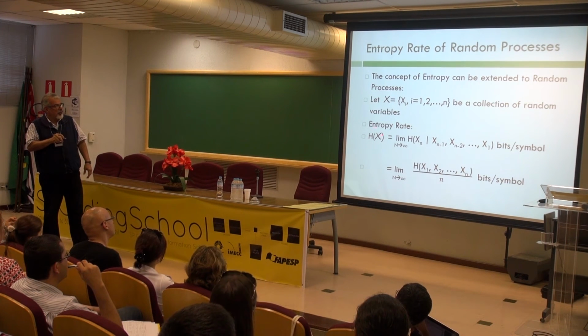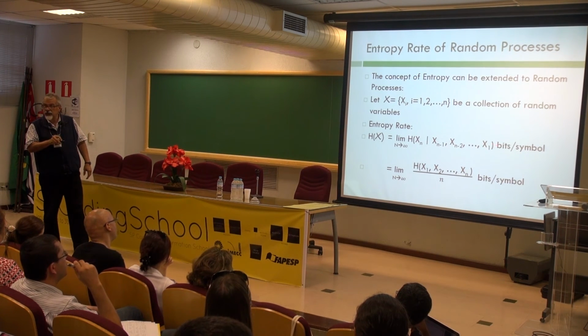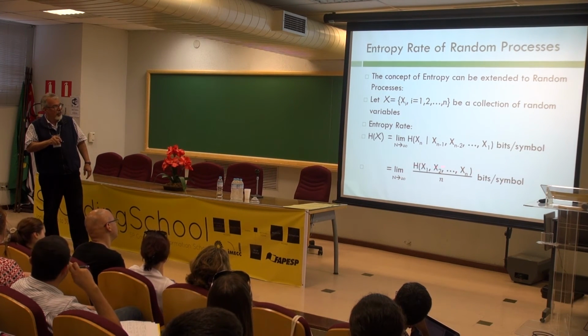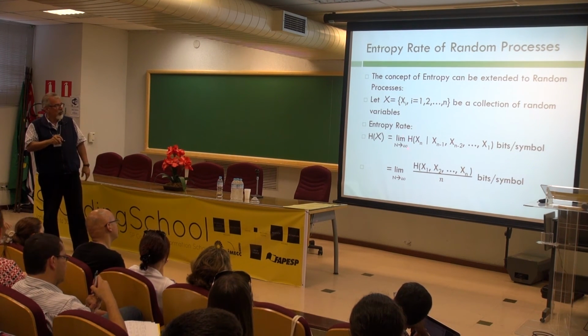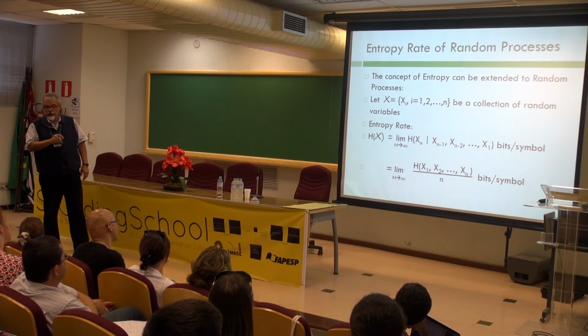But the entropy rate of a certain process, now considered as a collection of random variables, is going to be the same if I consider the entropy of the present given all the past. That's one definition, in bits per symbol. Or if I just take the entropy of the whole sequence divided by n, because I'm considering the entropy in terms of bits per symbol. So these two expressions can be shown to be equal. These two limits are the same. And that is the definition of the entropy rate of the process.